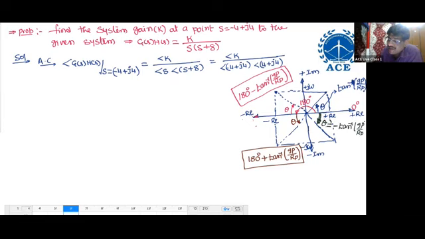The fourth quadrant angle is simply minus tan inverse of imaginary part by real part. Like this you have to write the angle, based on which region the point lies.